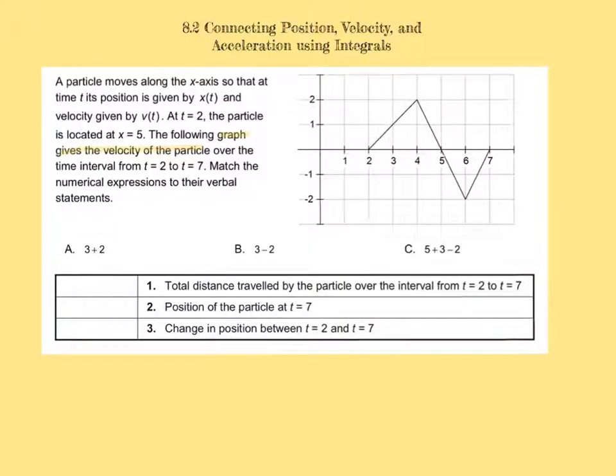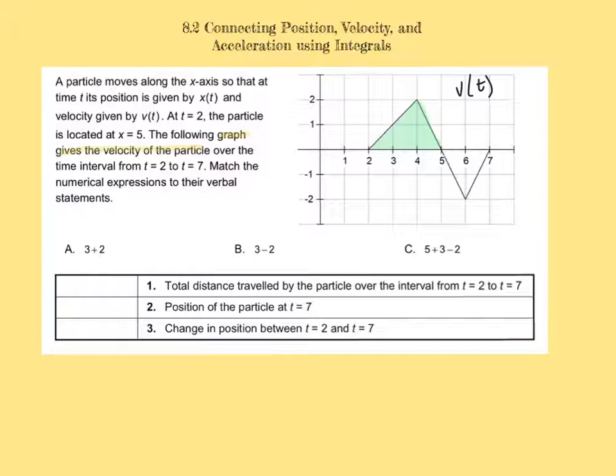And I'm going to label that so we remember that this is v of t. So what does this mean? This means that above the x-axis, the function is moving in a positive direction. I'll use green. So the function is moving in a positive direction on the x-axis from time 2 to time 5.